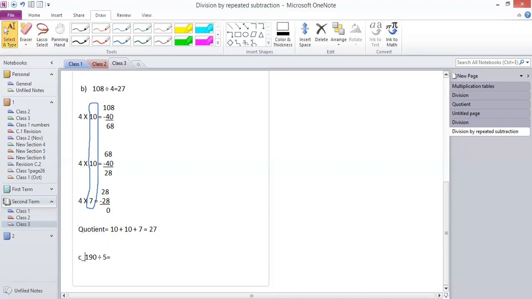One hundred and 90 divided by 5. So I have to use the table of 5.